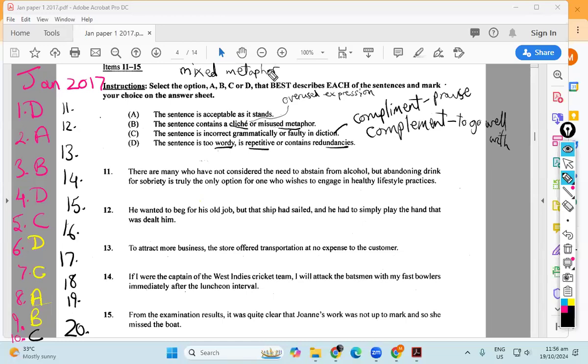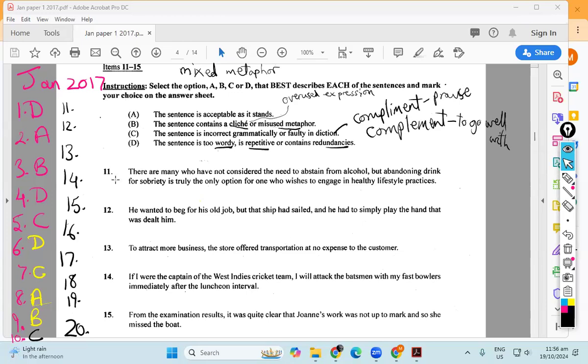Mixed as in two things coming together. If you start off comparing something to a forest, but then by the end of the sentence, you are in the ocean, that is a mixed metaphor. If you start with a forest, stay with a forest. If you start with the ocean, stay with the ocean, right? But again, one good thing is these repeat.